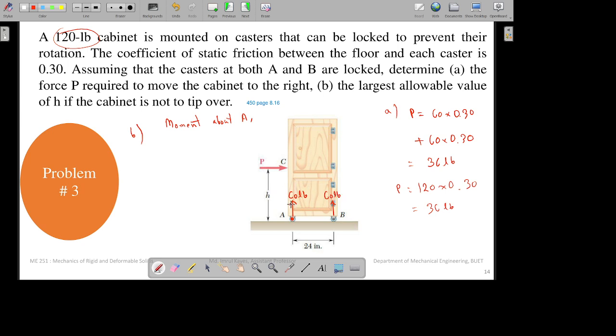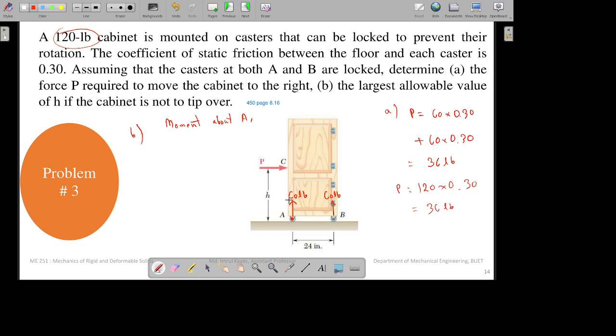So for this 60 pound force, we can count the moment as 0. Why 0? Because of the condition for tip over: look over here, the largest allowable value of h if the cabinet is not to tip over.